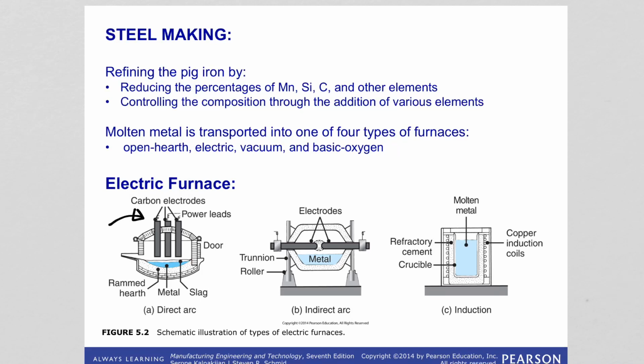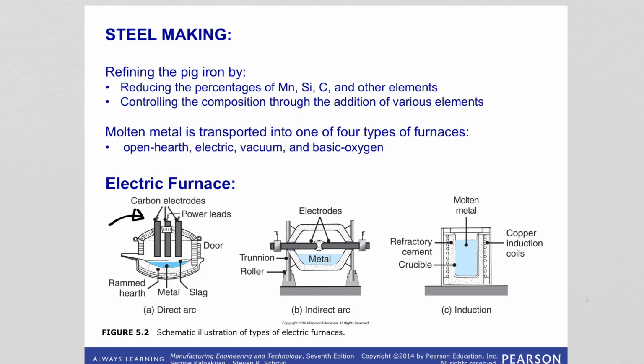Together with the pig iron, steel scrap and small amounts of carbon and limestone are dropped into the electric furnace through the open roof, and the roof is then closed and the electrodes are lowered. The power is turned on, and within 2 hours the temperature increases to a sufficient level to melt the metal.